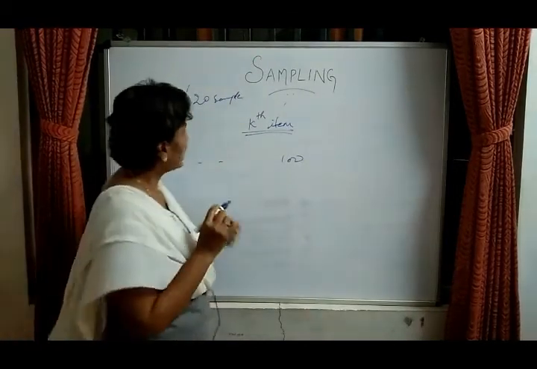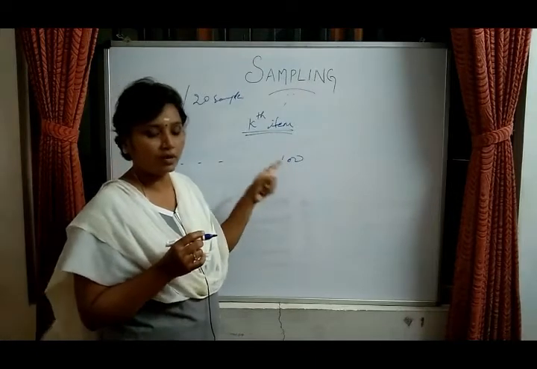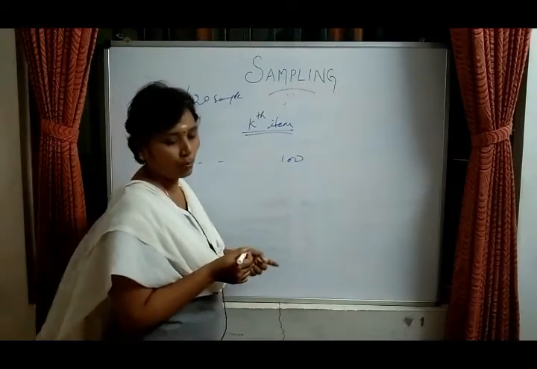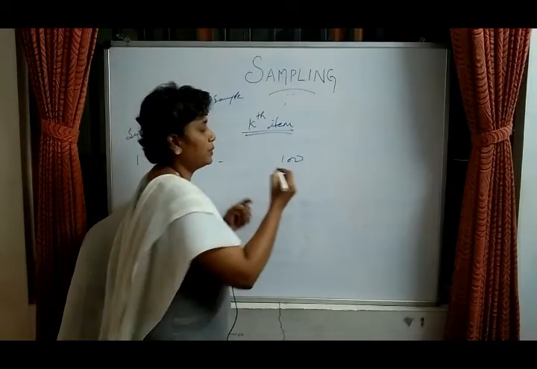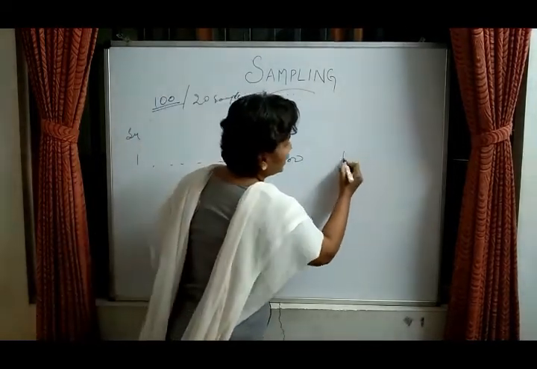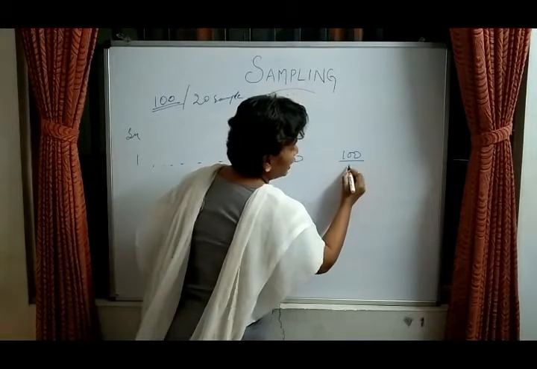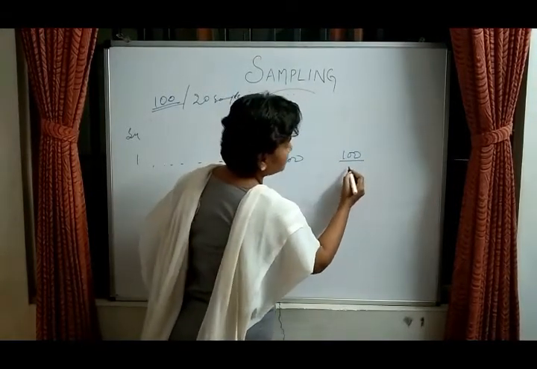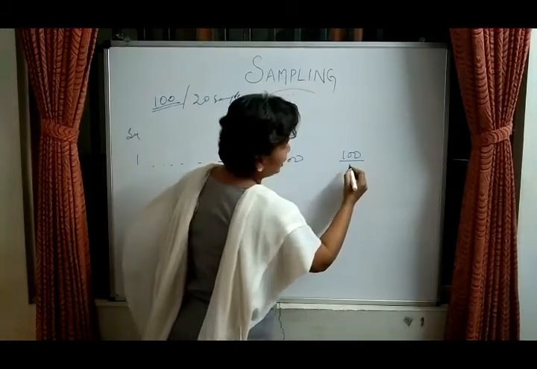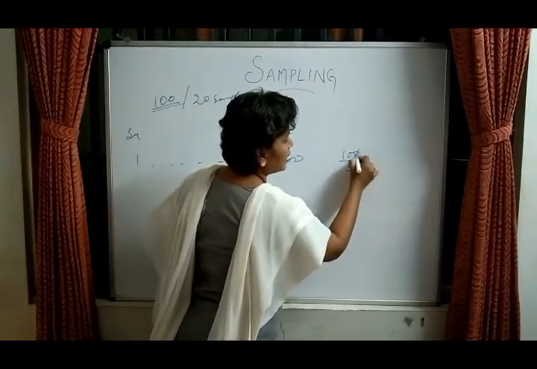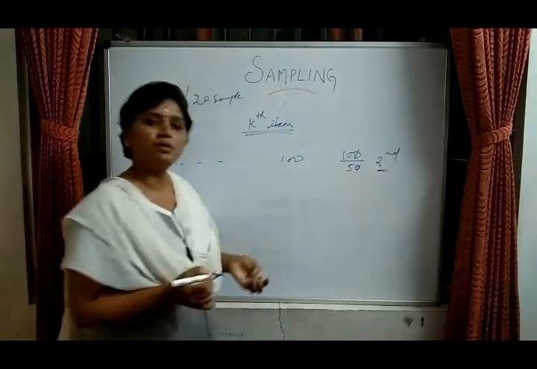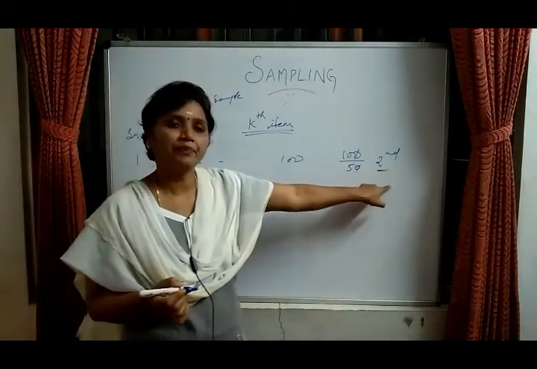Here the kth item, we have to determine the interval. Here the size of population divided by the sample size. Here 100 is the population, and the sample size we require is 50. I am giving the example. So every second item is selected as a member.